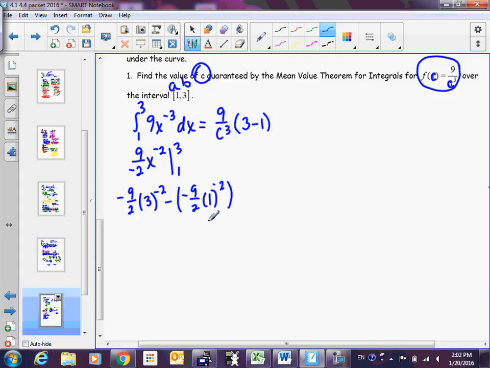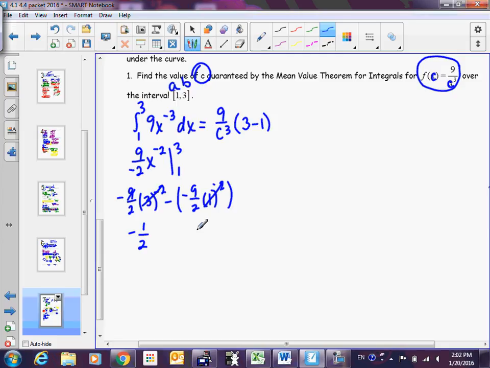All right, so I need to simplify this. It's really not that bad. What is 3 squared? 9. So what's 3 to the negative 2? 1 over 9. So guess what? That cancels with that 9. And so we're left with a negative 1/2 in the first group. Okay, what is 1 to any power?